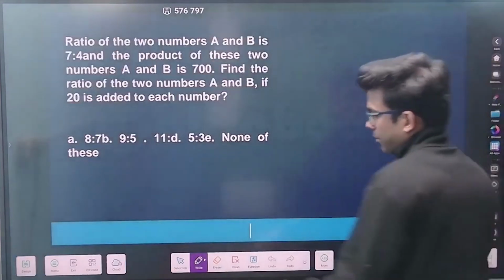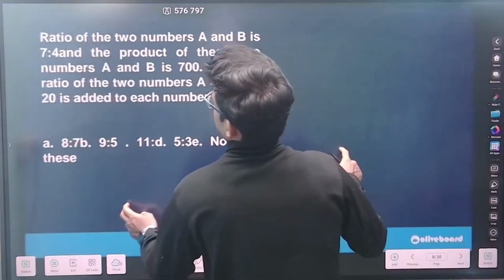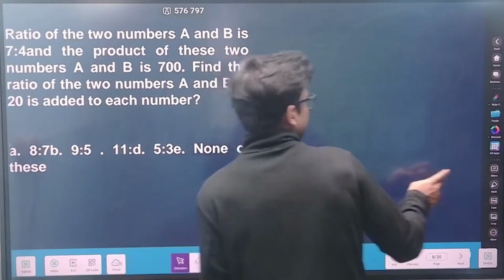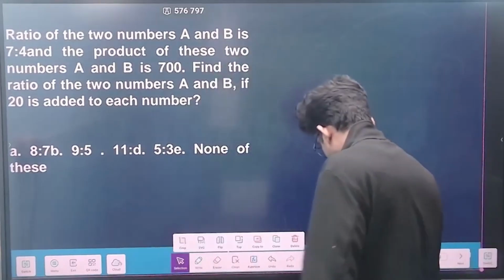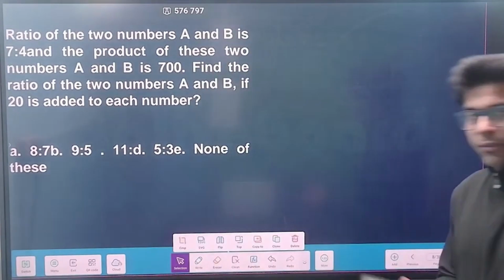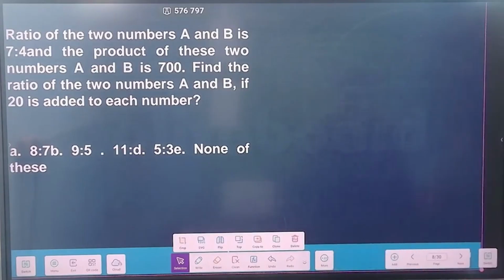Let us solve this problem. The problem which we are taking is from previous years. I would request all of you to please solve the question within the time limit.